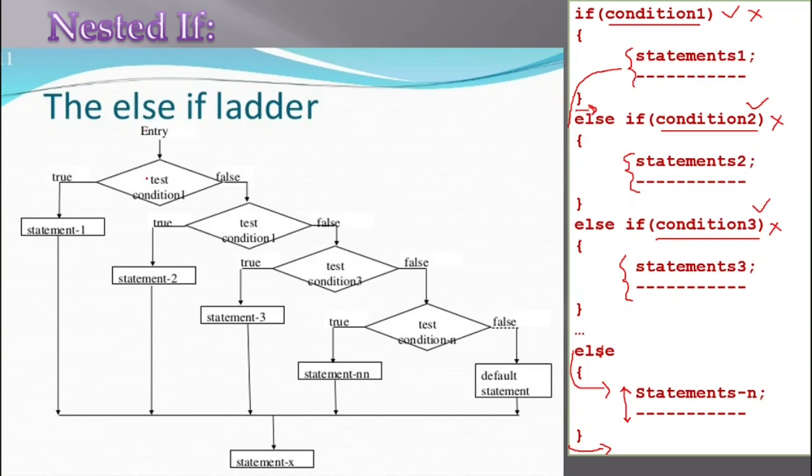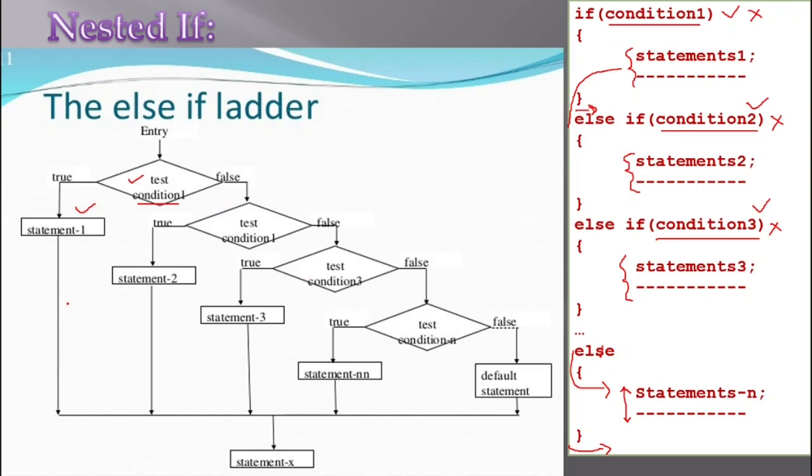And the same is explained in the form of a flow chart. This flow chart explains the pictorial representation of the functionality. Here is the point where I am entering, and test condition 1, if it is true, then this will be run, and it comes directly outside of this complete else if ladder, and it is not even looking at any other conditions in between.